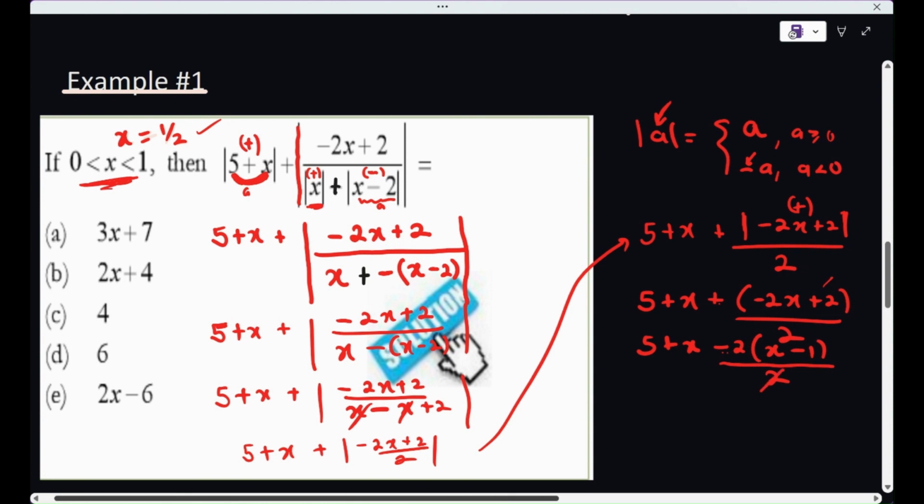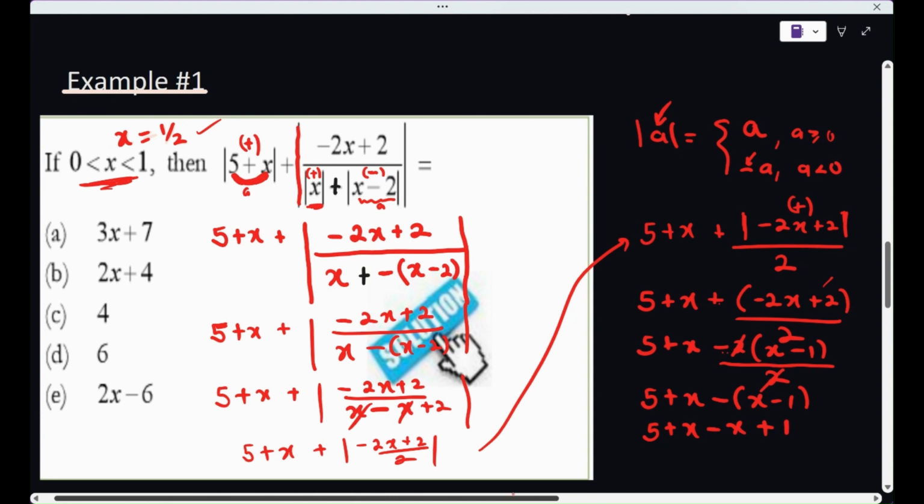So this 2 will go with this 2. So we're left with 5 plus x minus, don't forget, we still have this. So here will be 5 plus x minus x plus 1. Is that okay? And finally, what is the answer? x will cancel x.